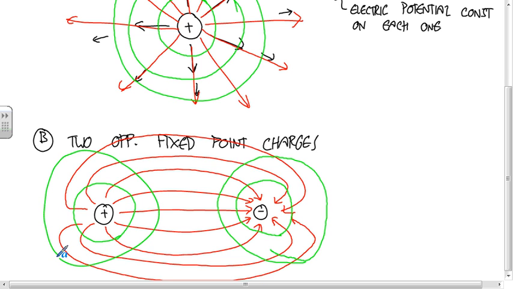They're not circular, but the idea is at every point, I drew these badly because this obviously isn't perpendicular, but at every point, the red and the green should be perpendicular to each other. In lab next week, we'll get to look at this stuff. We have a computer program where you'll actually see what they really look like, see the real shapes.